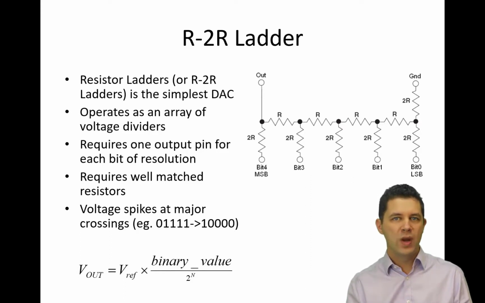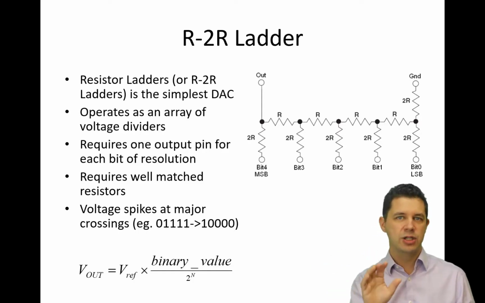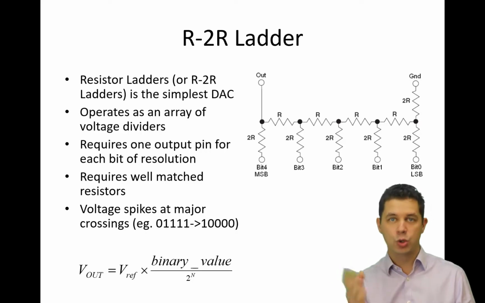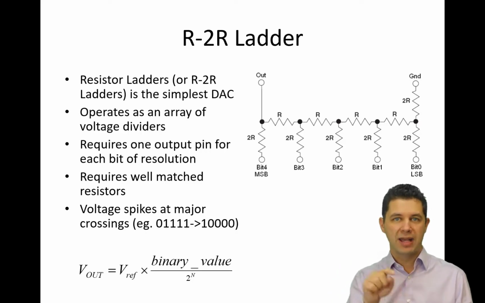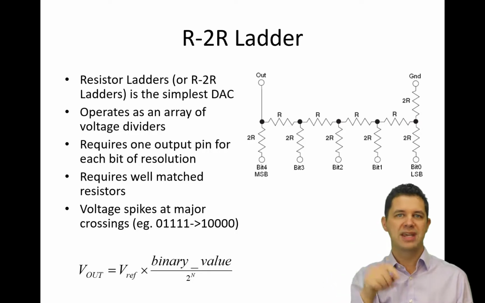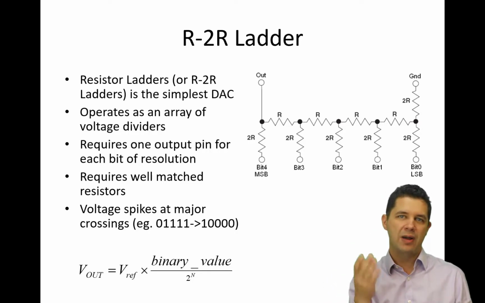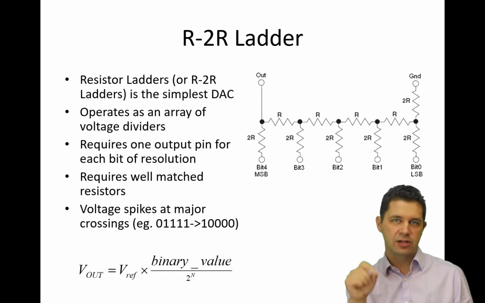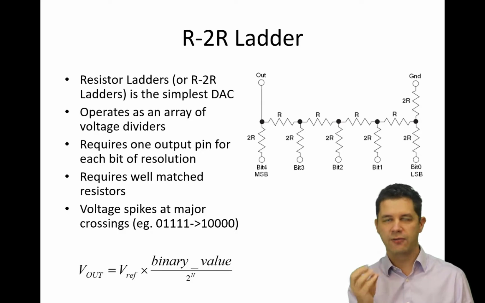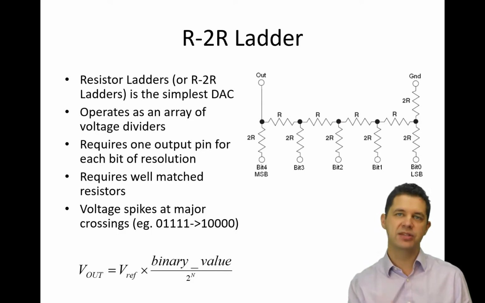Depending on which one of those bits changes first, we might get a voltage spike where it spikes up momentarily as it sees 1, 1, 1, 1, 1, or spikes down as it sees 0, 0, 0, 0, 0, just for a fraction of a second. That's something we need to be aware of, and we could use some filtering to filter that out.